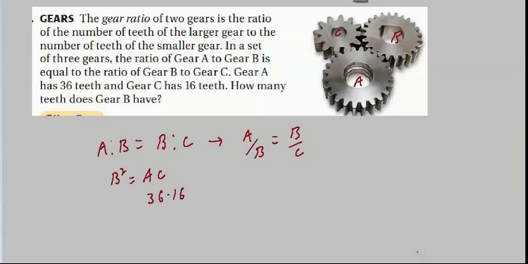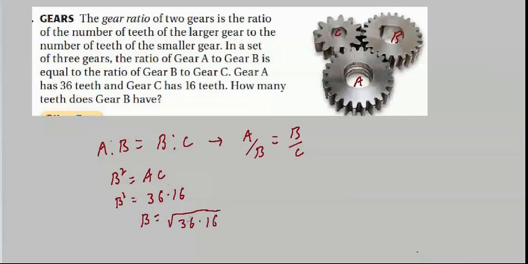Now we can multiply this out and take our calculator, figure out what this is, and then take the square root. But since this is B squared, I can now write that B equals, and it's going to be the positive square root, of course, because a negative number of gears really doesn't make sense.